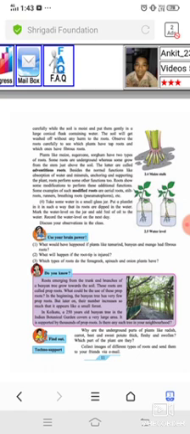Some roots are underground, while some grow from the stem just above the soil. The latter are called adventitious roots.